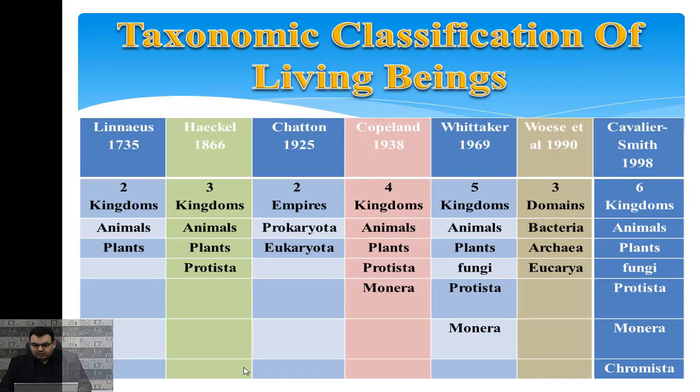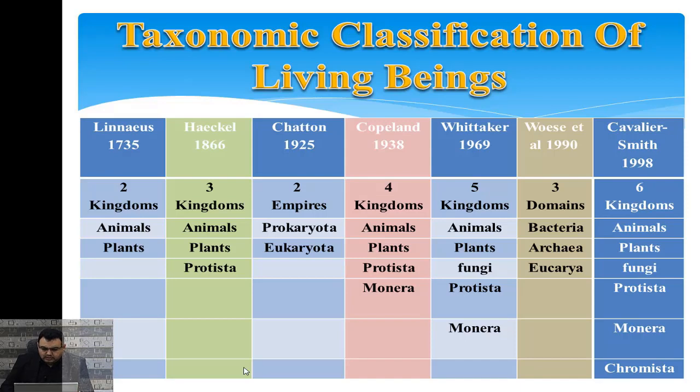Taxonomic classification of living beings in history. According to this, Linnaeus in 1735 proposed two kingdoms: animals and plants. Haeckel in 1866, three kingdoms: animals, plants, and protista.